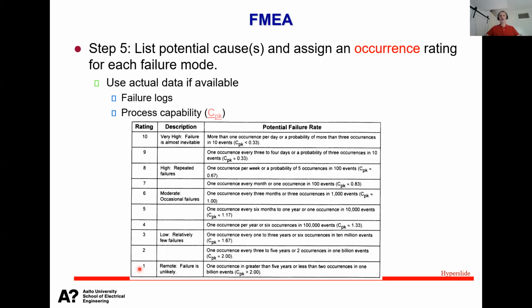So if, for example, there are 1 billion products on the market, then 2 of those will have this failure mode. There's also this: if you are using the FMEA on a process, then you can use process capability indices, which are statistical values from your process. You can use those. So then you can really do this quantitatively.